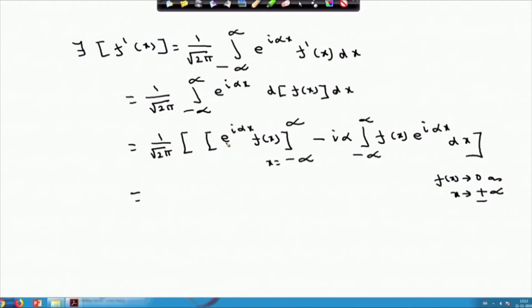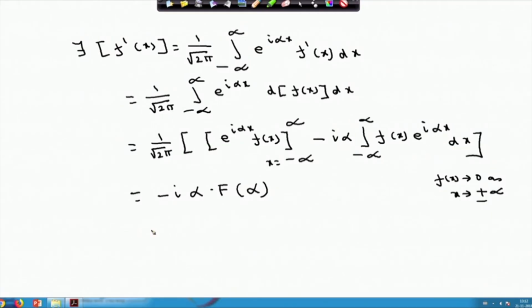You can understand that I need the value of f(x) at this point, and if f(x) is 0 at x equals plus infinity or minus infinity, then the first term will vanish and the second term will be i alpha into 1 by root 2 pi, integral from minus infinity to infinity of f(x) e to the power i alpha x dx, which is nothing but the Fourier transform of f(x), which I am writing as F(alpha). So F(alpha) is nothing but the Fourier transform of f(x), the quantity 1 by root 2 pi, integral from minus infinity to infinity of f(x) into e to the power i alpha x into dx.